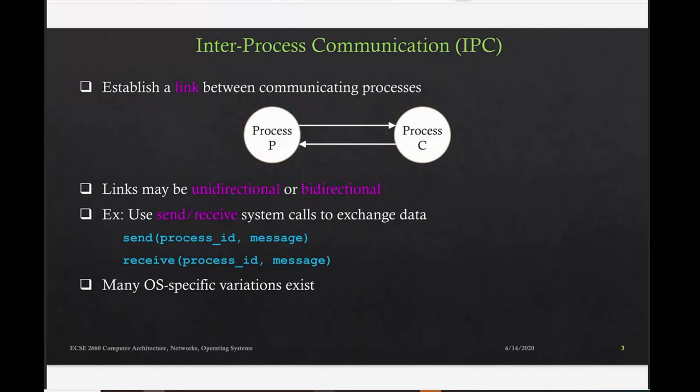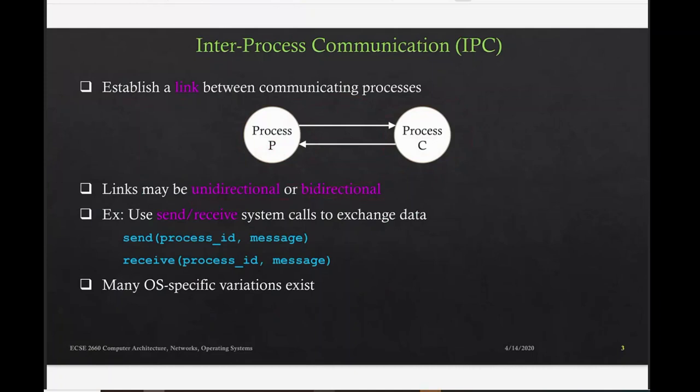So you're taking two processes and you're saying that process P should be able to write to process C, or process C should be able to effect change in process P, right? So we are talking about passing messages, information from one process to the other. Now, the link that gets established between these processes could be unidirectional, or it could be bidirectional.